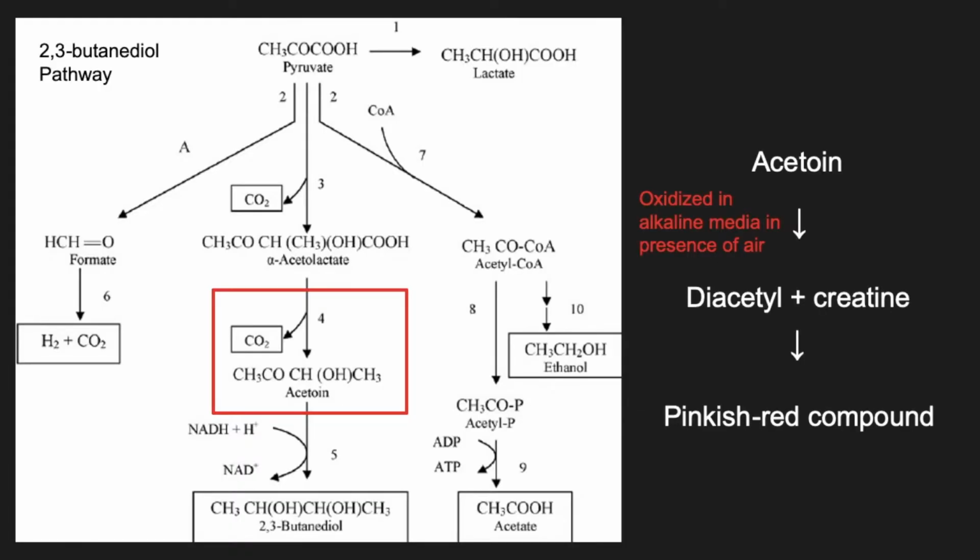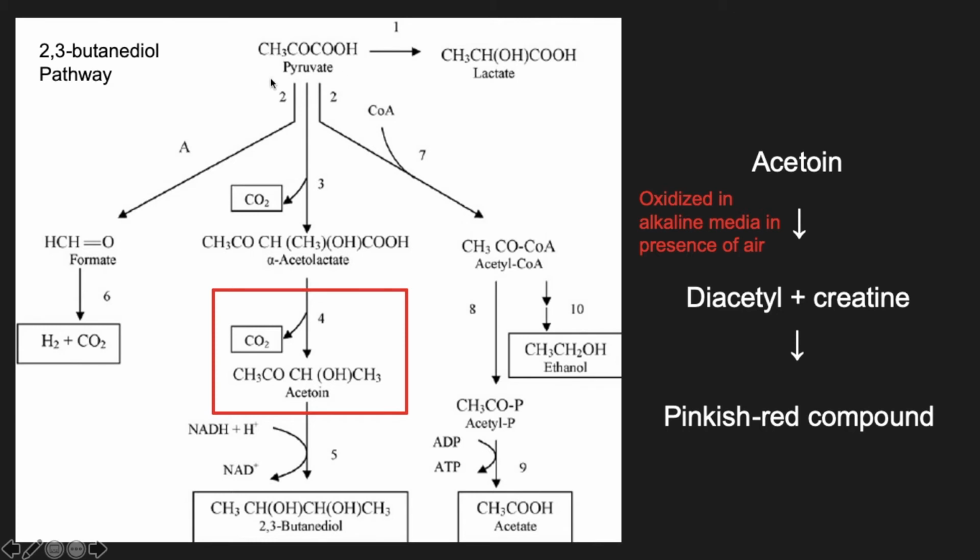And this next slide here is the 2,3-butanediol pathway. You can see there, step 4, I've put a box around it in red. That's acetoin right there. So it goes from pyruvate at the top. You'll see that lactate's also over there, acetate, ethanol.